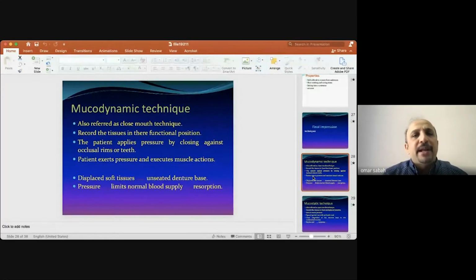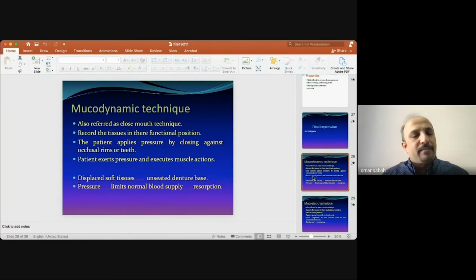So when you do the insertion normally, without any forces, you will not register the tissues in this form. You registered during the pressure, so this denture will be working under pressure. Without the pressure, it is not working or is displaced outside, because you're not recording the soft tissue in a good way.